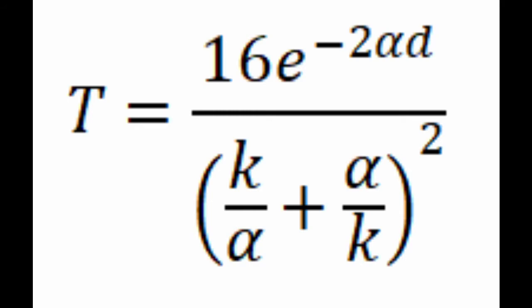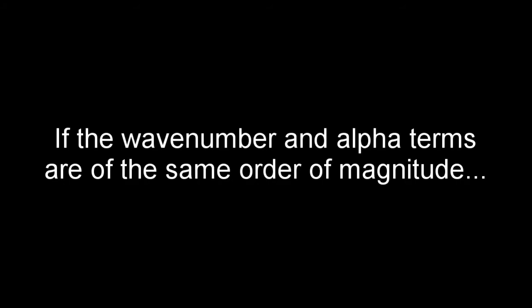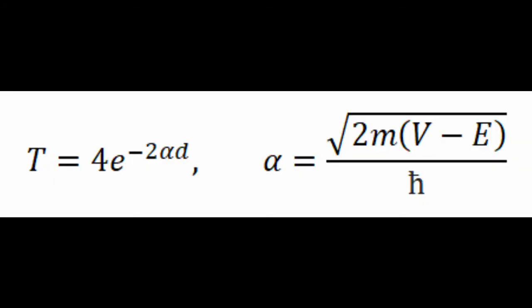Now we can approximate this a little bit further if the wave number k and alpha are of the same order of magnitude, so basically if they're at the same nanoscopic scale. In that case, we can cancel them away from each other, and all we're left with in the end is that T is equal to 4e to the minus 2 alpha d, where e is the exponential function, of course.